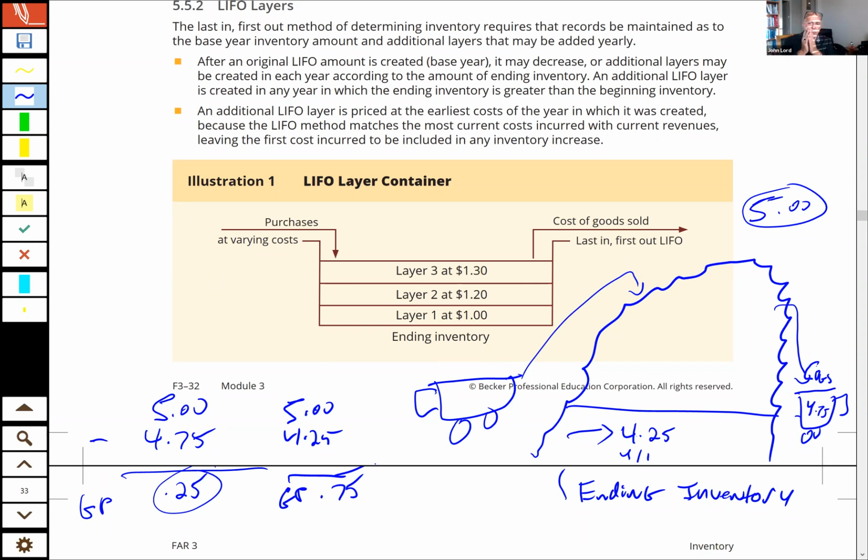All I had to do was hold back purchases and production for a while, and now I show a bigger net income. Well, that could be harmful to the investing public because they're looking, saying, wow, company's showing some signs of life. They're moving back up. Meanwhile, they're on the edge of what? Having to purchase a bunch of new inventory items. And maybe by then, those things are up to $5 a piece.